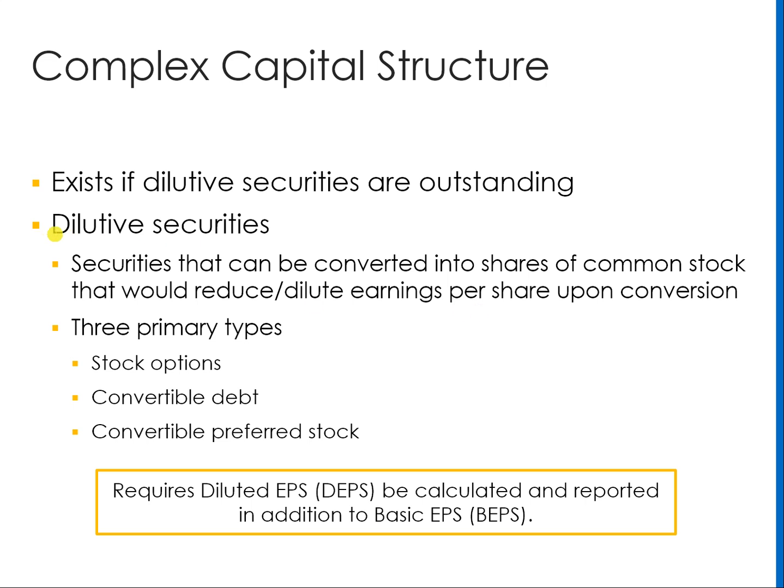Dilutive securities are securities that can be converted into common stock. If converted, they're going to increase the denominator, so we're going to reduce the earnings per share. Typically we have stock options, convertible debt, and convertible preferred stock. These are dilutive securities.